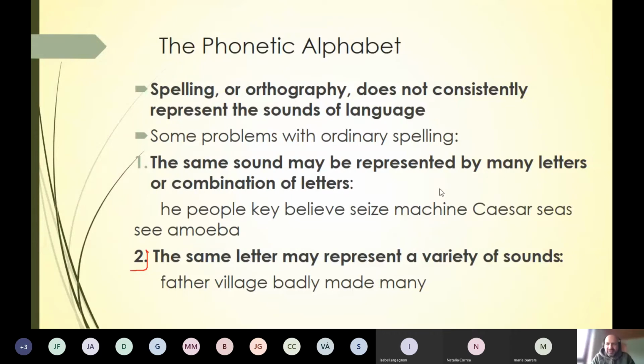Axel Casino Mejias, are you here? Let's take a look at the chat. No, Axel, I don't know if the rest of it. Axel can fix that.